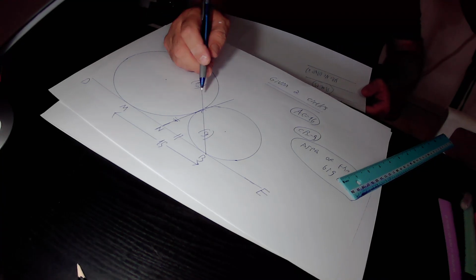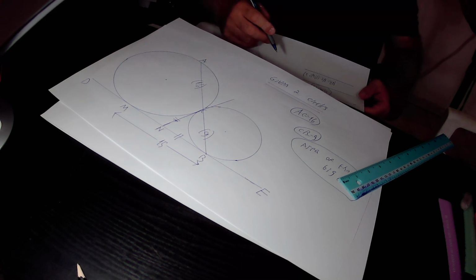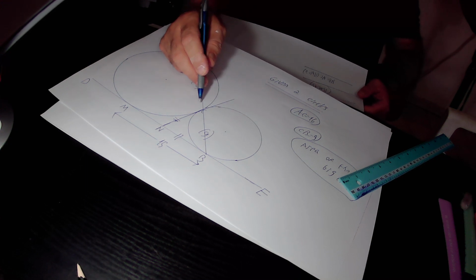In the next step, I will copy this triangle CNB on a new page, and we will analyze it.